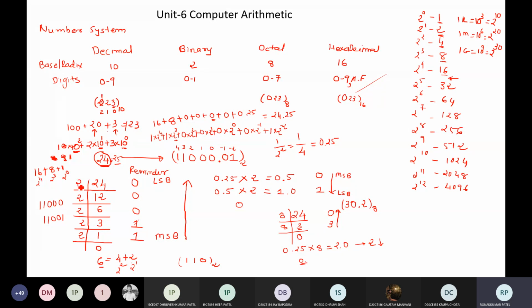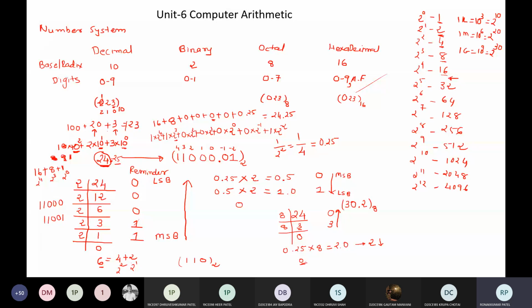Right now we are converting to binary, that's why 2. If it is octal, then this will be 8. Hexadecimal, then this will be 16. And when you divide by 16, the remainder can be 0 to 15, and for 10 to 15 we have the characters A, B, C, D, E, F.